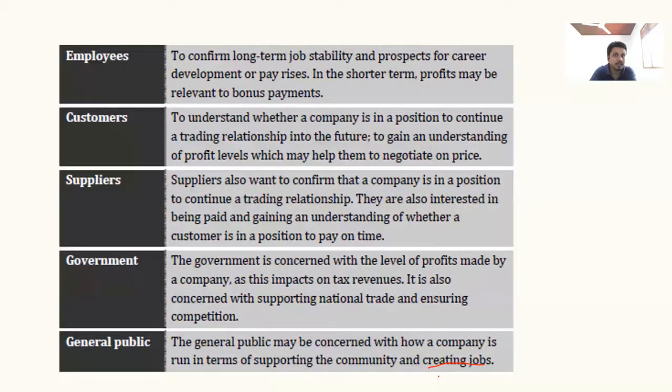If you are in that company, your job will be secured. The job security will be there. Likewise, you can have an understanding by analyzing the financial statements. So this is how different stakeholders refer to these financial statements and analyze them while keeping different objectives.